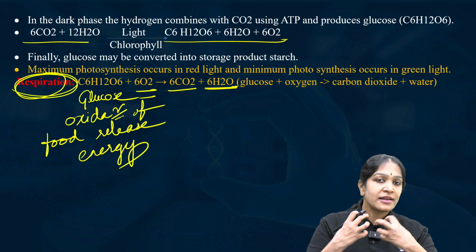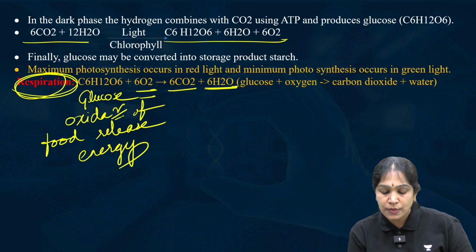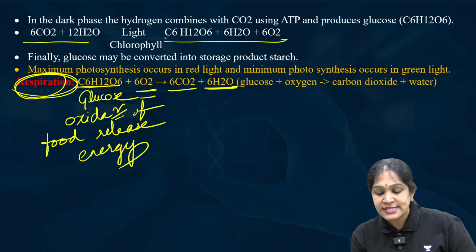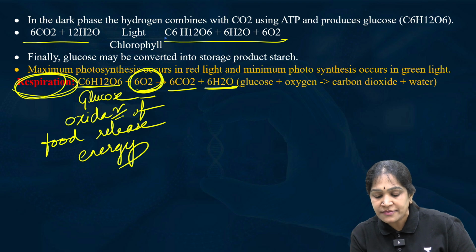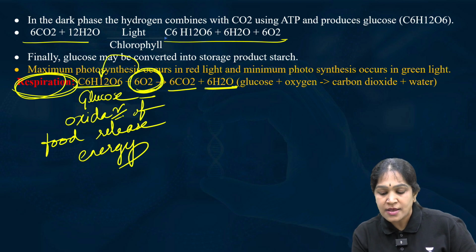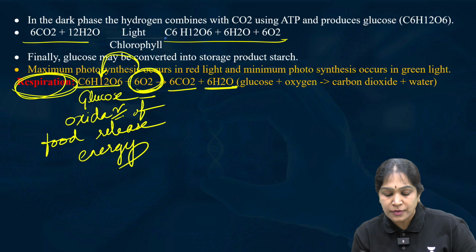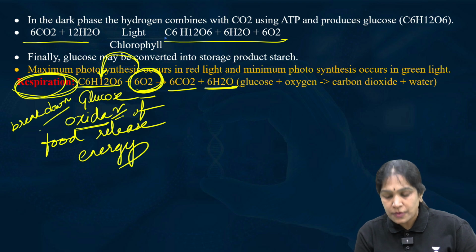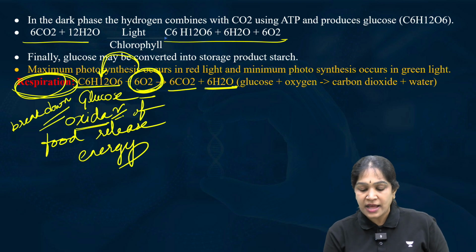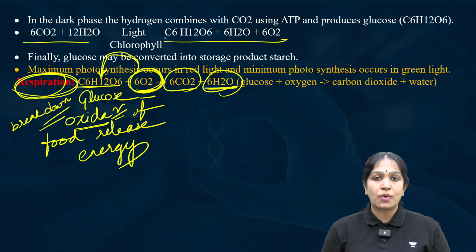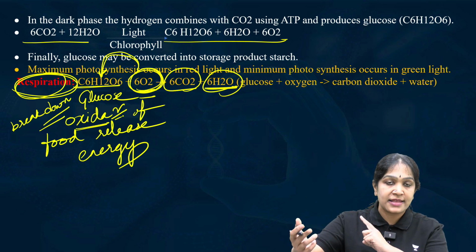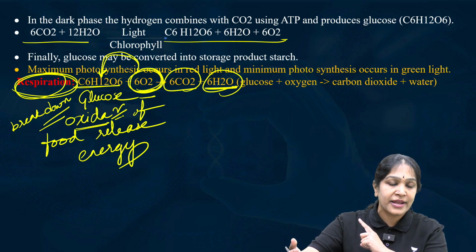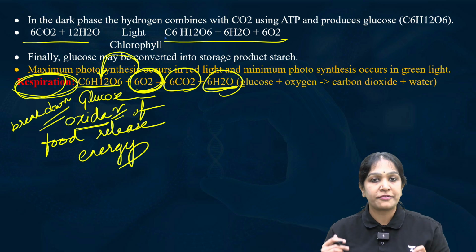Find what happens in the body between these two. The food material we ate, that means glucose, will get oxidized. It means oxygen will get added to the glucose. Oxidation of the glucose. Here oxidation means what? Breakdown. Breakdown of the glucose to produce carbon dioxide and water. This is what we exhale. In the air we exhale, we have carbon dioxide and water vapor.